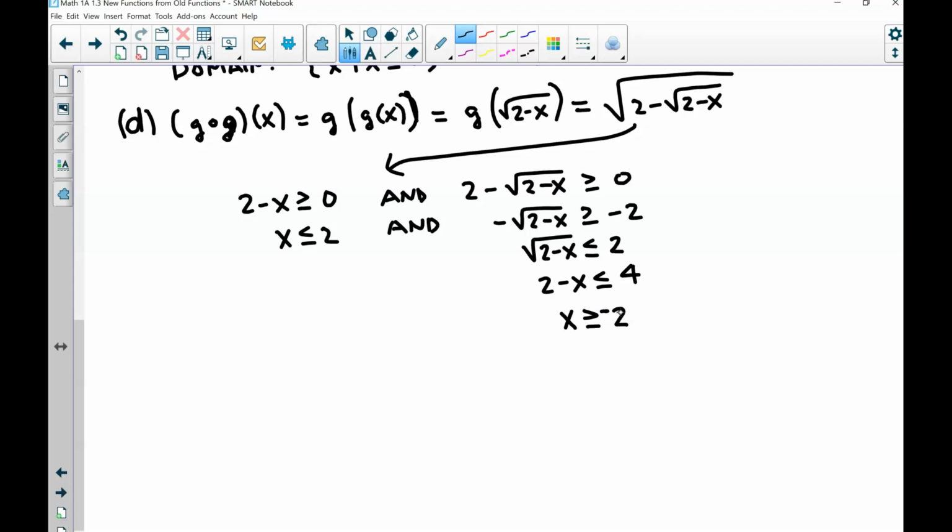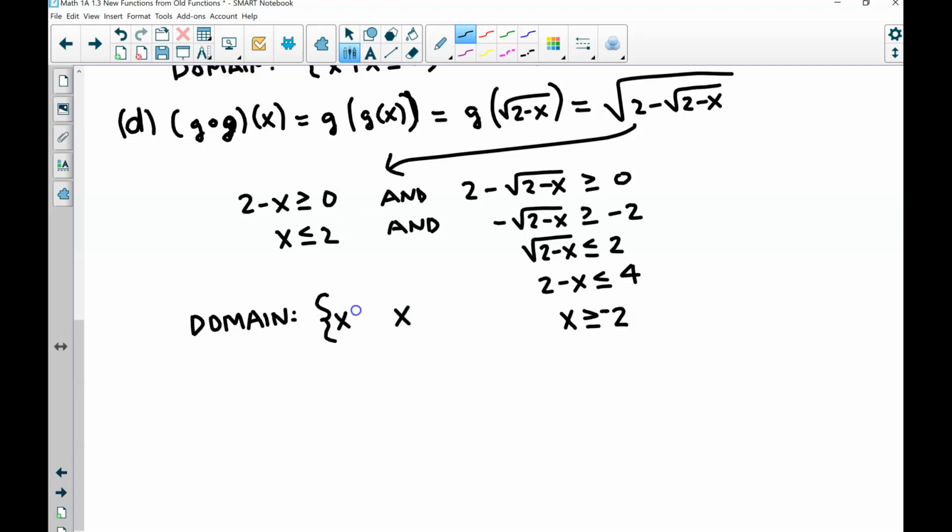So from here, we would have the domain of the following. And the best way to write this in set builder notation is to write x in the middle, and then use your inequality statements. So x is in the middle.